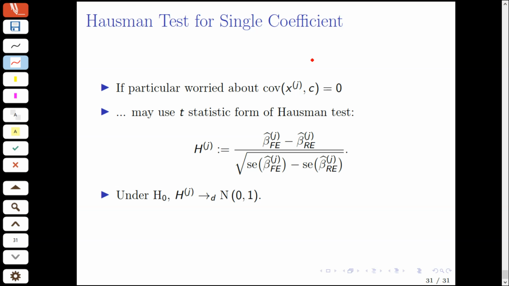Lastly, if in a particular application we're worried about the correlation between the individual effect and a particular regressor, say xj, then we can use a simpler form of the Hausman test. Namely, instead of using a quadratic form, we can use a t-statistic form of the Hausman test, where we extract the relevant coordinates of the estimates and their standard errors.